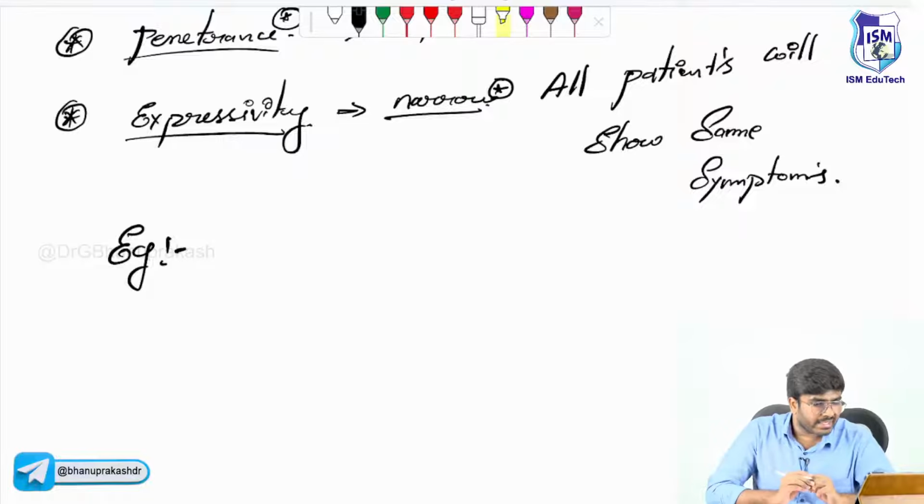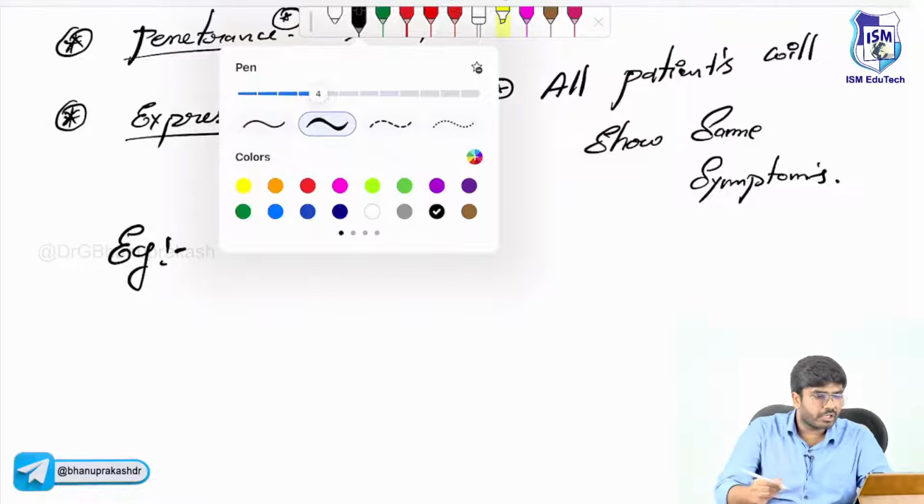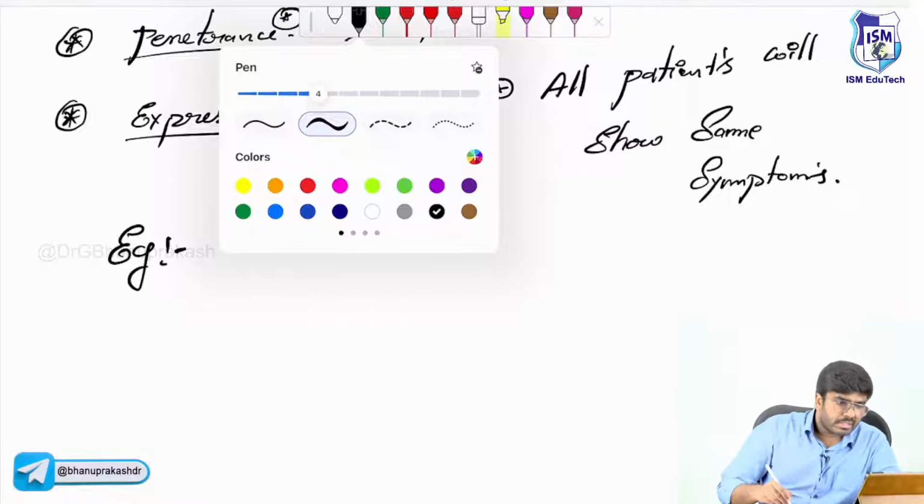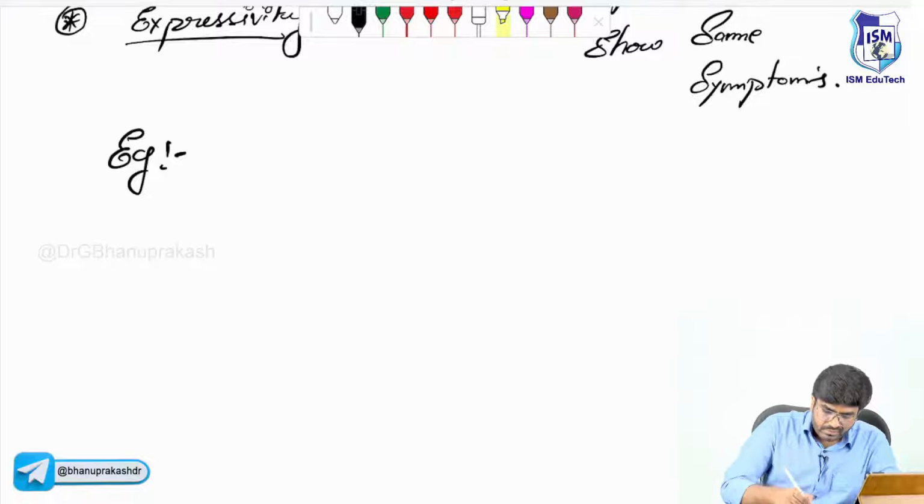Okay, so expressivity. Now let's do the examples. Guys, do you know any examples for autosomal recessive disorders? Now, let me write the examples. Phenylketonuria.